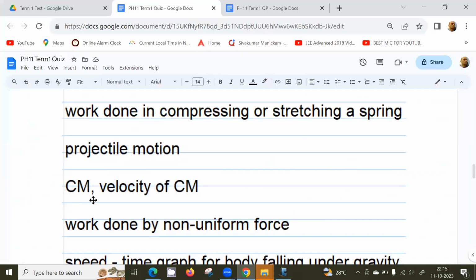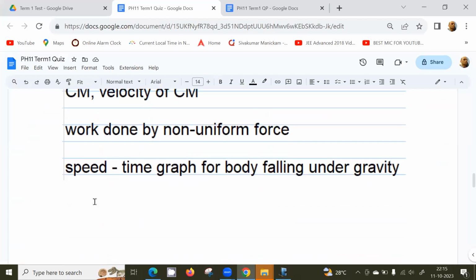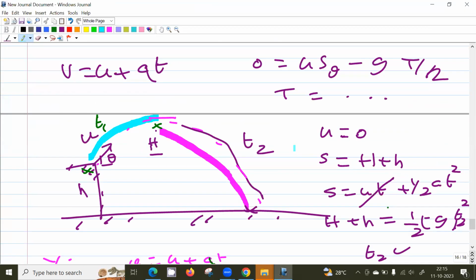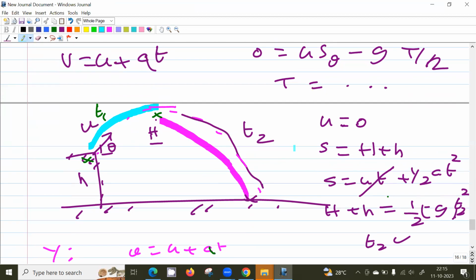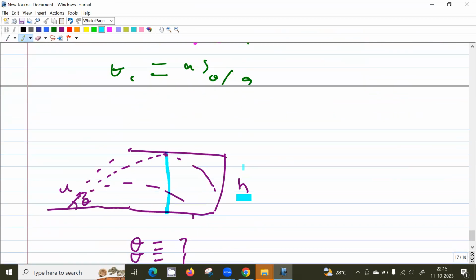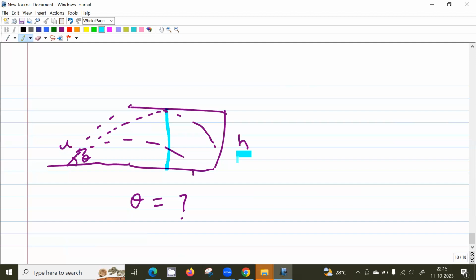Okay. Center of mass of a system of particles is defined as follows. You have two masses, say m1, m2. So the center of mass will be somewhere in between these two.